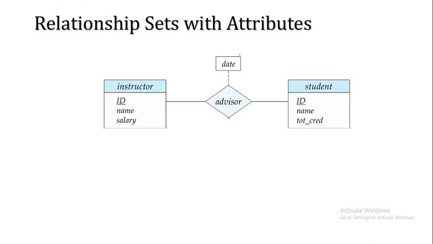This is the relationship set advisor, and it has an attribute date. This is represented using a square, and the association relationship is in the diamond shape. We have two entity sets, student and instructor. This is how we represent it in your ER diagram.